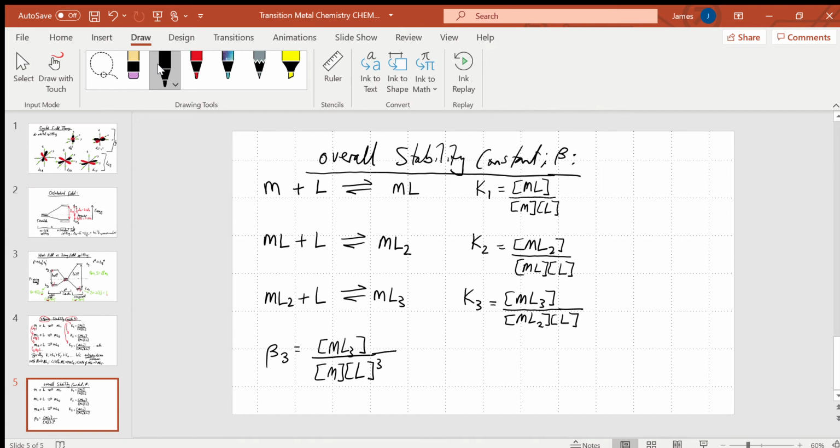Okay, cubed because there's 3 L's. So here it's not looking piecemeal, so compare beta 3 with K3. K3 and beta 3 have the same numerator, but K3 is looking at just this final step, so the single process of producing ML3, whereas beta 3 is looking at essentially the product of K1, K2, and K3.